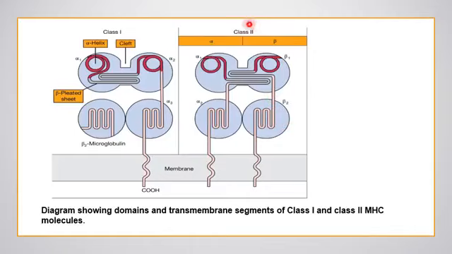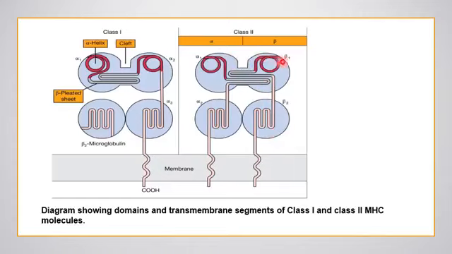So the MSC class 2 consists of the alpha and beta chains, okay. This is the alpha 1 and alpha 2, beta 1 and beta 2. As I mentioned, the beta 2 domain contains the binding site of the T cell co-receptors, okay?